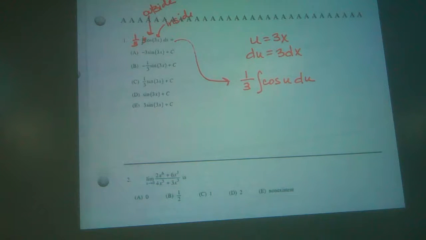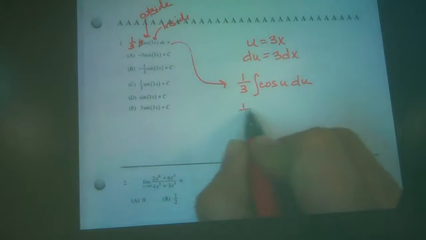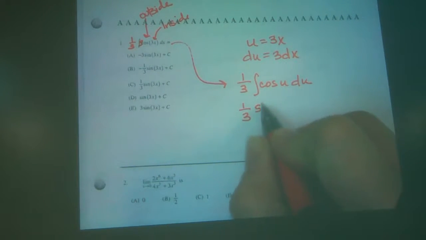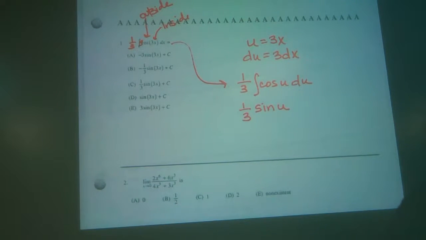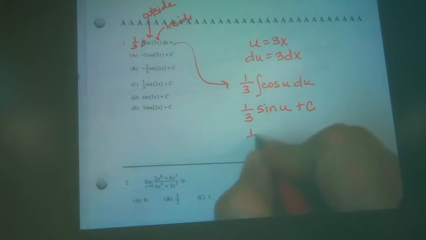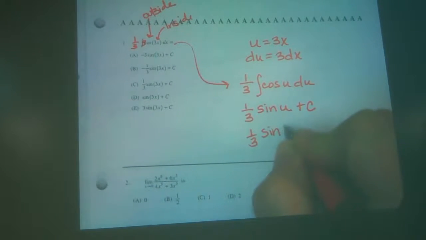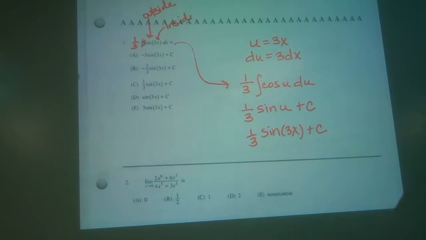The 3 and the dx together make the du. Now when I integrate this, cosine will become sine. The du goes away when I integrate because it's a derivative, and when you integrate a derivative, those cancel out. And then we just plug back in for u. So 1/3 sine 3x plus c.